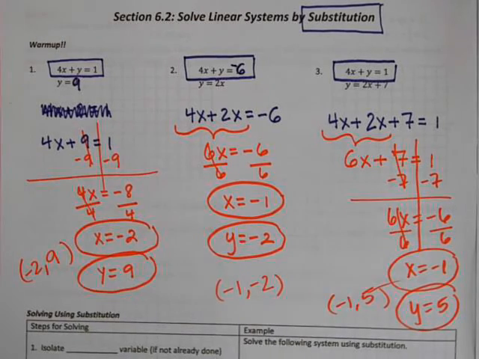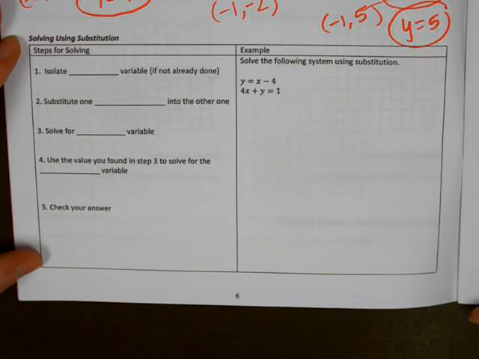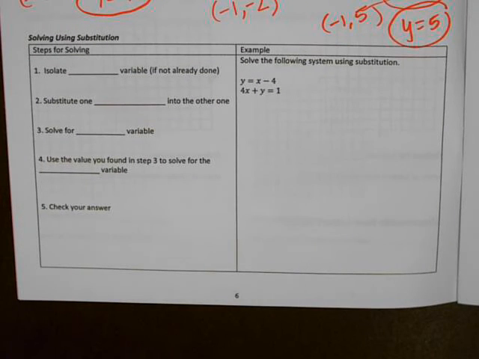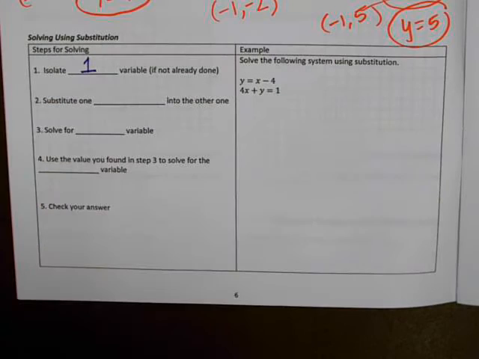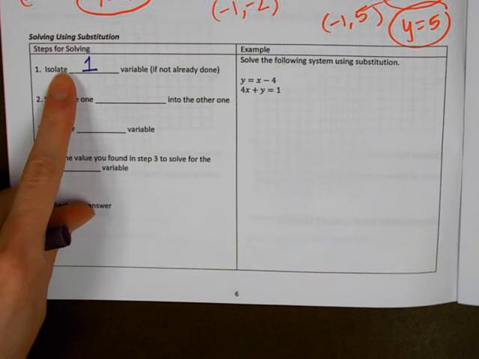All right, so let's go through the steps because a lot of people have trouble with substitution the first time. So here's the steps for solving it. Step 1, isolate one variable. You have to get one variable alone. Isolate means get it alone.